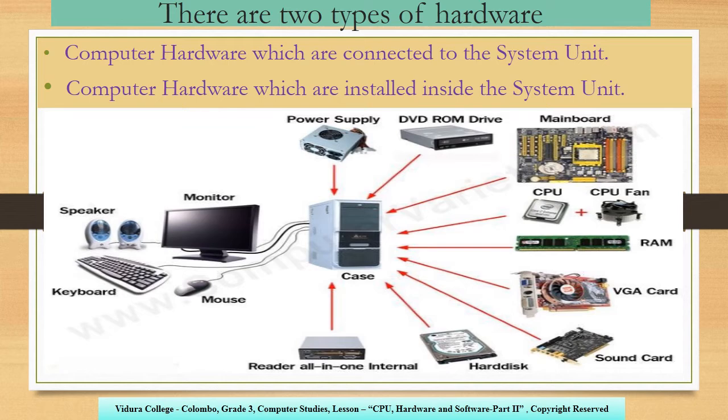My dear kids, let's learn what are the types of hardware. There are two types of hardware. First one is computer hardware which are connected to the system unit. Second one is computer hardware which are installed inside the system unit. From the picture also you can get a clear idea about these two types of hardware.